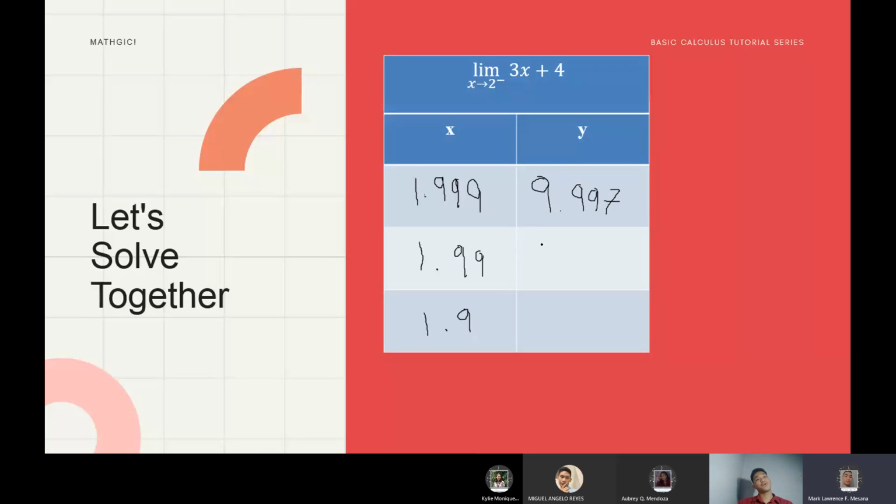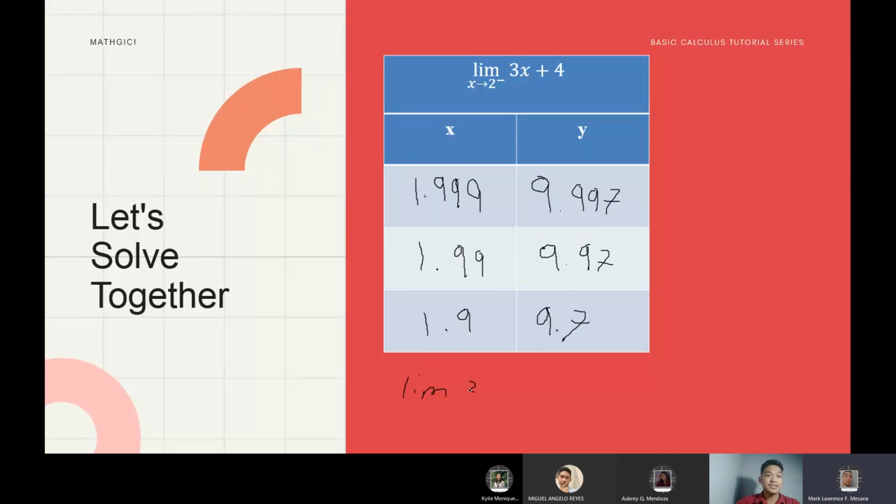On the next one, we have 9.97. And for the last one, when we substitute, we have 9.7.